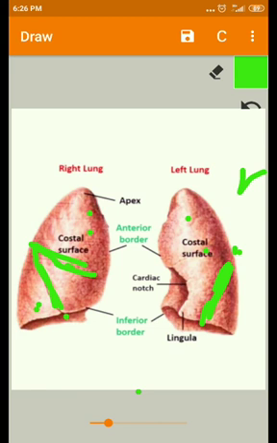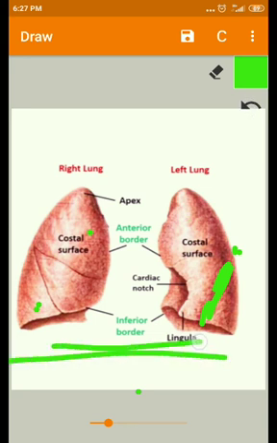The number of lobes may vary in either lung. Sometimes the right lung will have only two lobes, and sometimes extra lobes are also present. These are very exceptional cases. The lungs expand maximally in the inferior direction because the movements of the thoracic wall and the diaphragm are maximal towards the base of the lung.